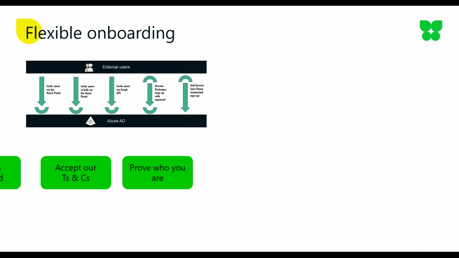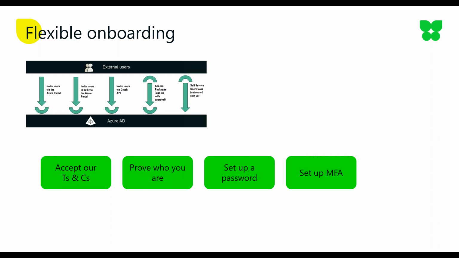So you can have a process like this where users have to accept terms and conditions and then prove who they are using, for example, some activation code or some information that you can check about the user, set up a password, set up MFA, and access the documents. This is a process we wrote for an insurance company who had an existing relationship with users offline and wanted users to start using their website. So they needed to go through a process where they proved who they were.